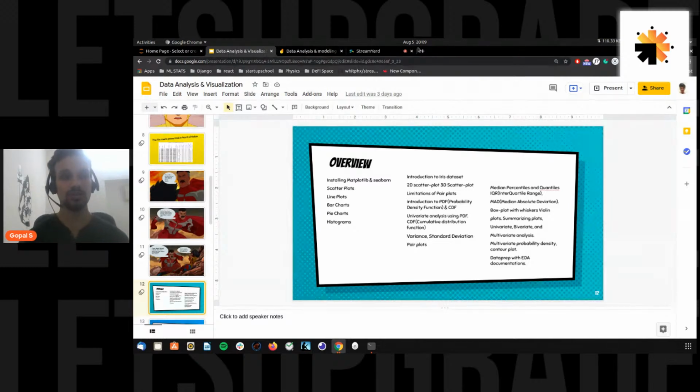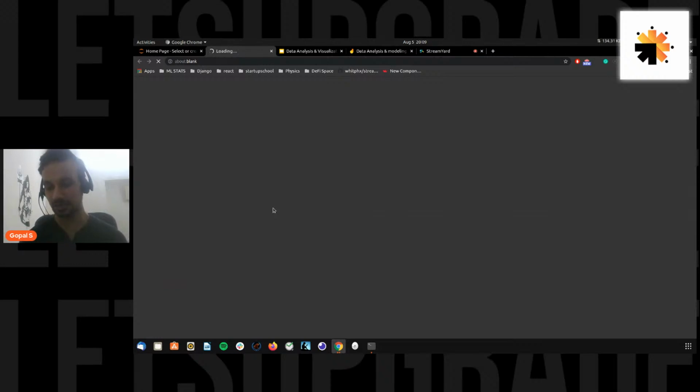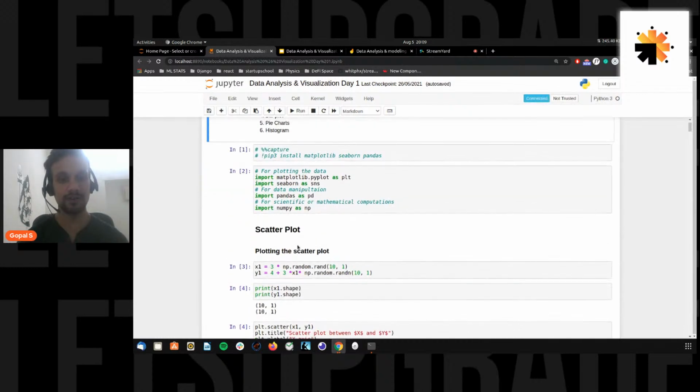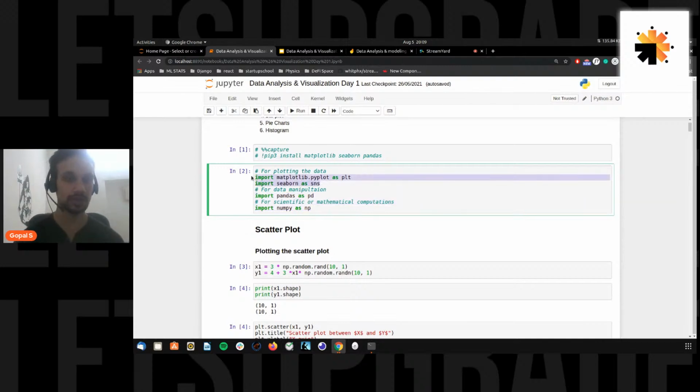So what we can do here is take a good example of how everything works. We saw pandas and numpy yesterday, but we haven't seen these two libraries yet. What are these two libraries for?